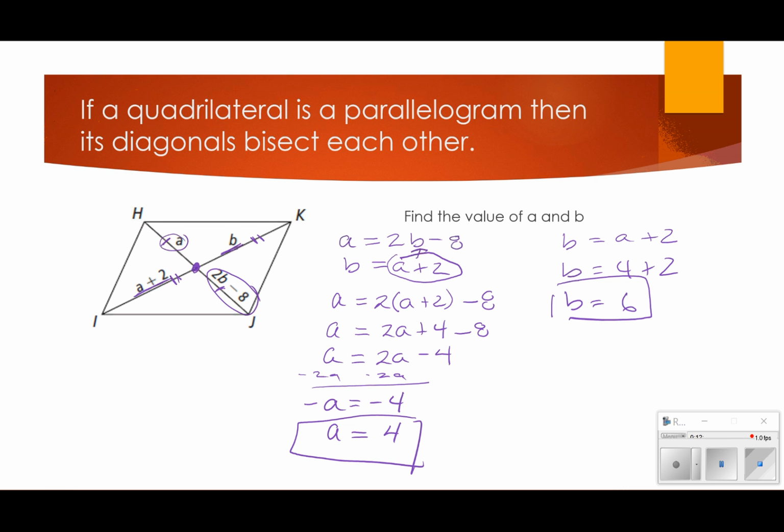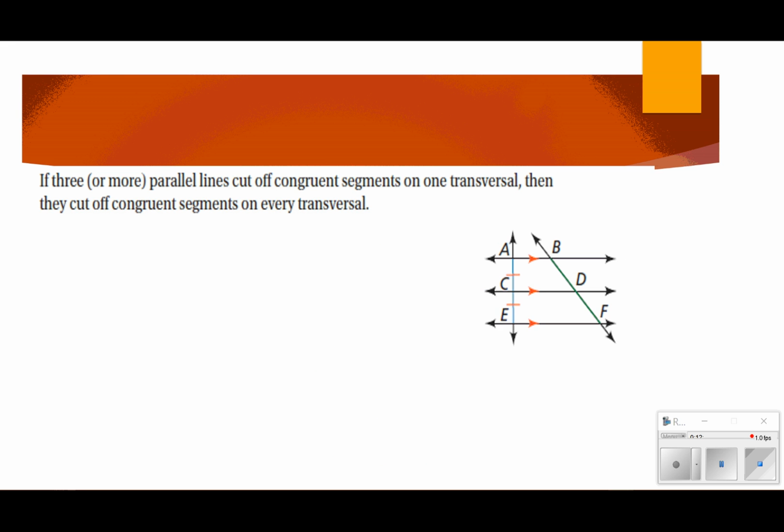Okay, so that side here would be 4. And over here, this would be 12 minus 8, which is also 4. Here, my B is 6. And if I were to put 4 in here, 4 plus 2 is also 6. So you can check your work. I know some of you like to be perfect, which is great.